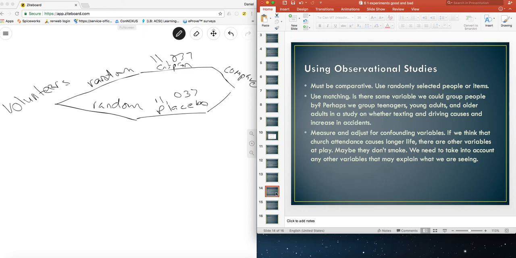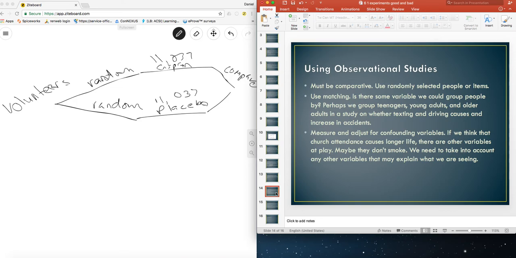Or older people who text and drive, which I don't know how many do that, and then older people who don't. Then you could kind of start seeing what happens in the age groups as you text and drive. Does the amount of accidents of texting and driving increase in all age groups? If so, that's a pretty good indicator that maybe it's the texting and driving that's causing the extra accidents.